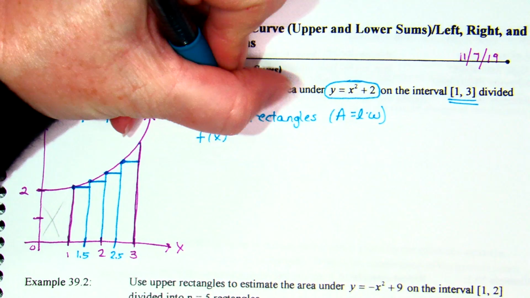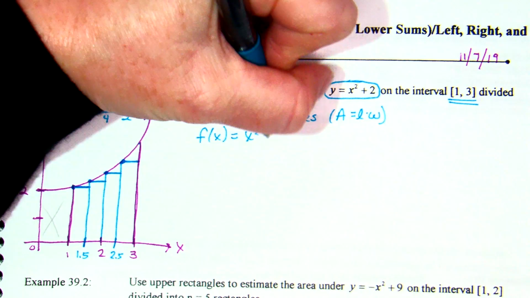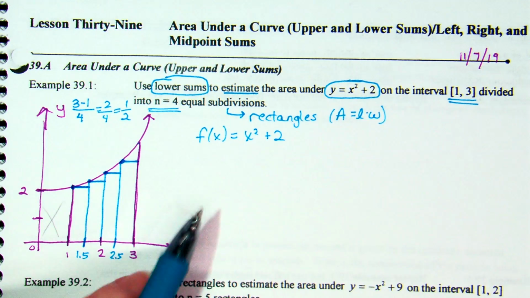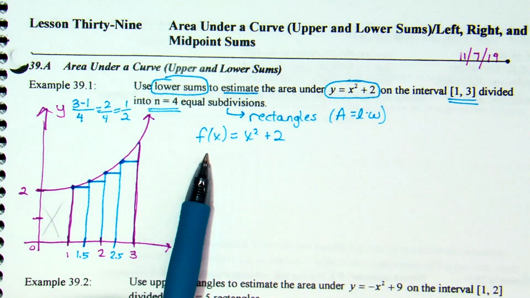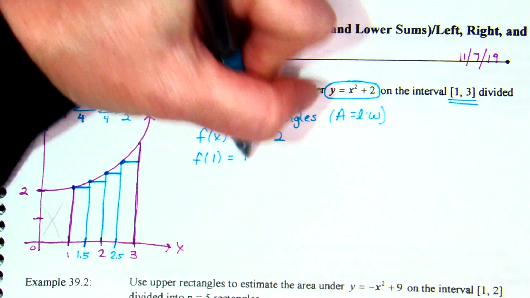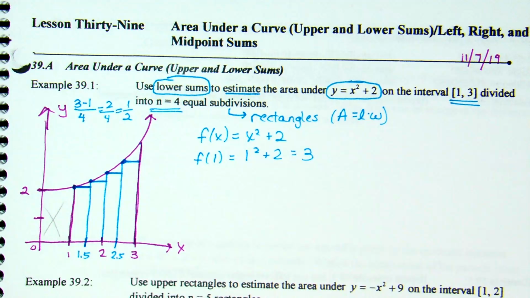Okay, so first of all, remember, my equation is f of x equals x squared plus 2. And I'm using f of x so I can plug in the numbers. So I need to find f of 1 because that's my first point. F of 1 is 1 squared plus 2, which is 3.